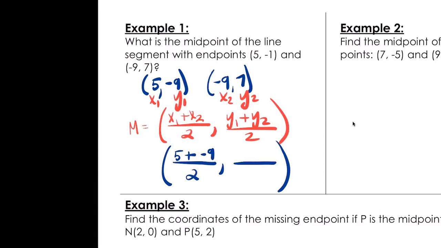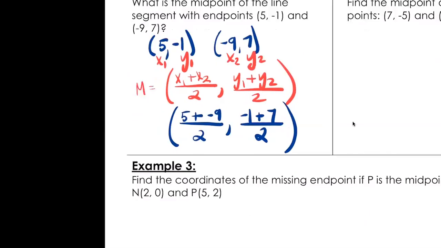Let me backtrack. This should be a -1 right here. Let's make sure that's right. Okay, 5, -1, 5, -1, -9, 7, -9, 7. Okay, so that doesn't change anything yet. Let's keep going. y1 is -1, y2 is 7. So -1 plus 7 is going to go right here. y1, -1 plus y2, 7 over 2.